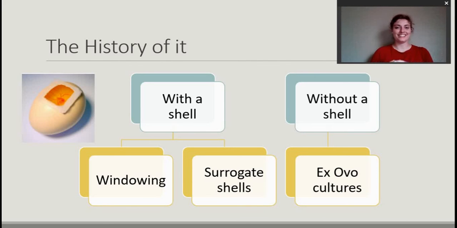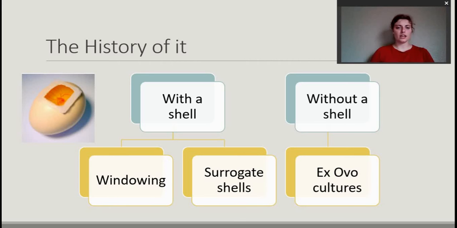This technique is called windowing for that reason. It provided a lot of insight. However, the visibility was really restricted due to the little hole and the rest of the embryo surrounded by the opaque shell.